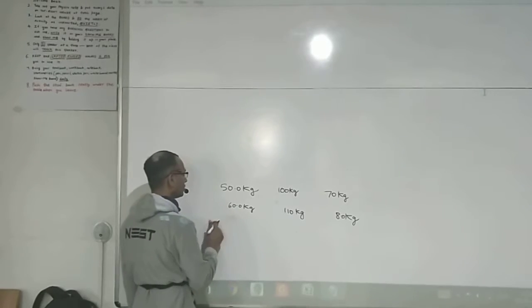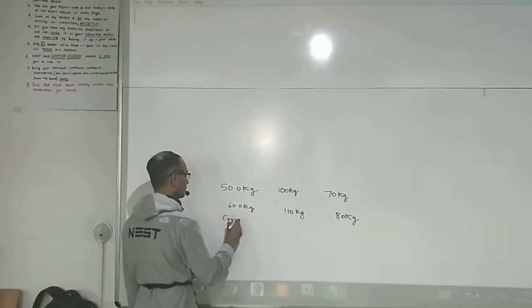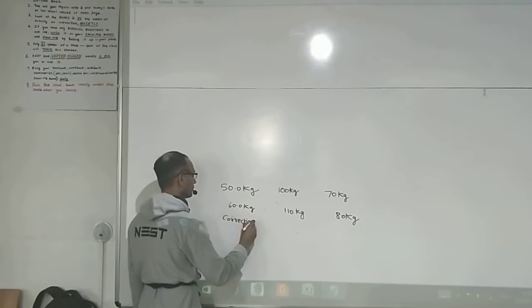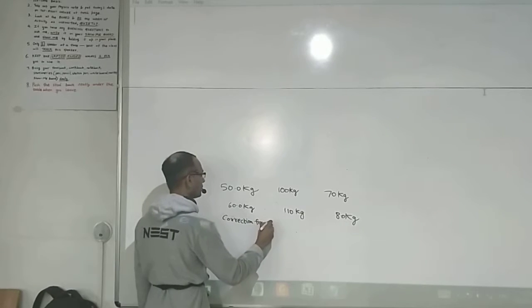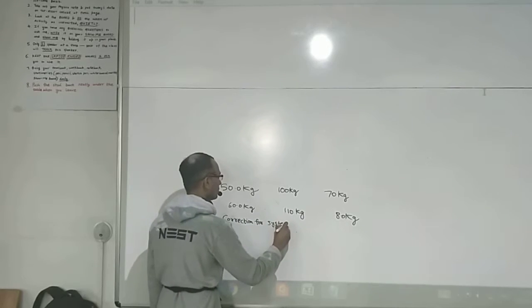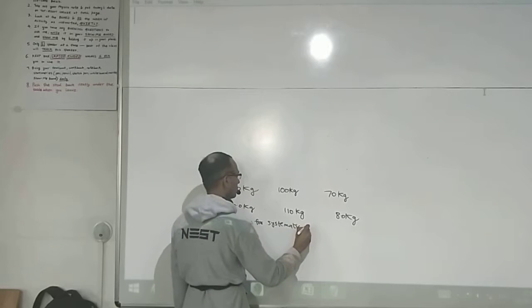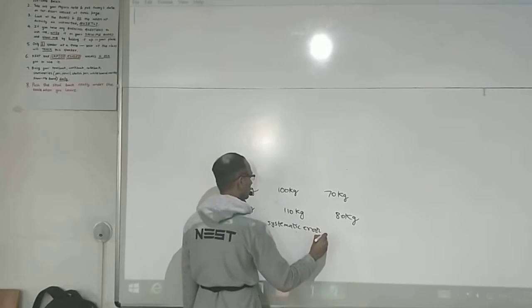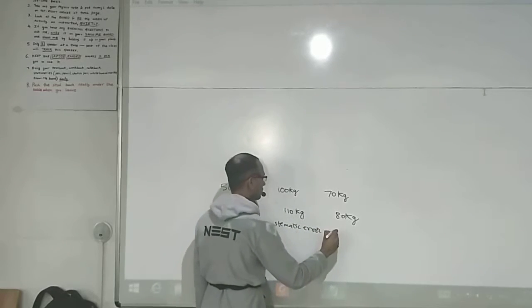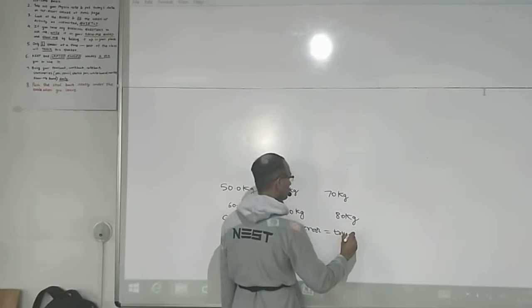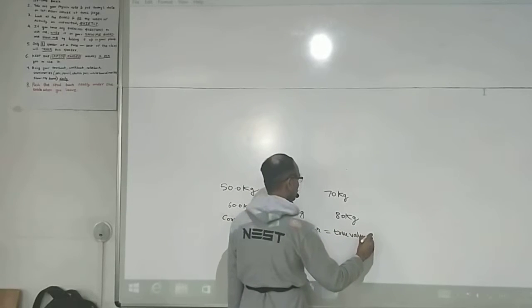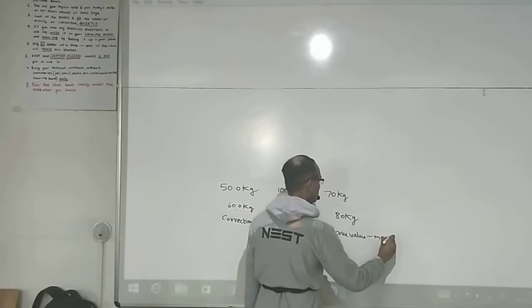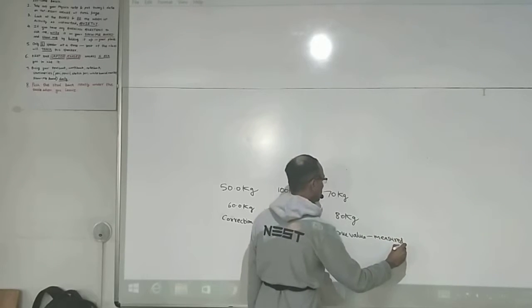So, correction for systematic error. Please note this: correction for systematic error is true value minus measured value.